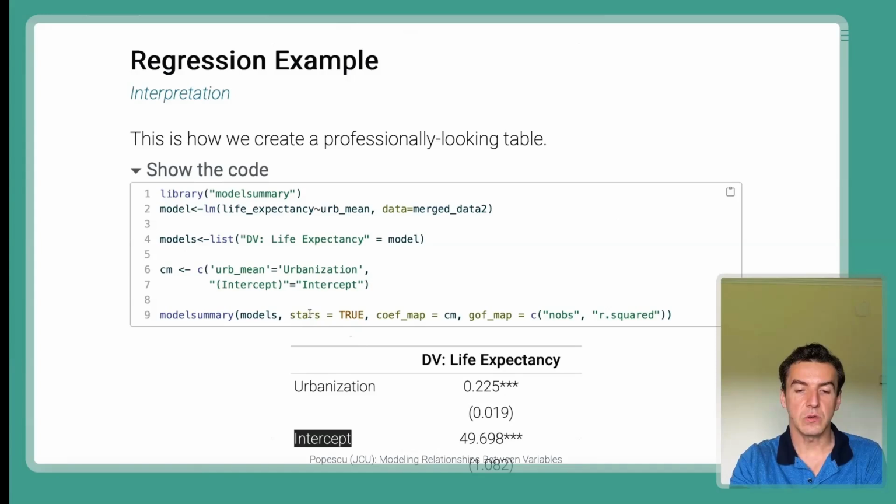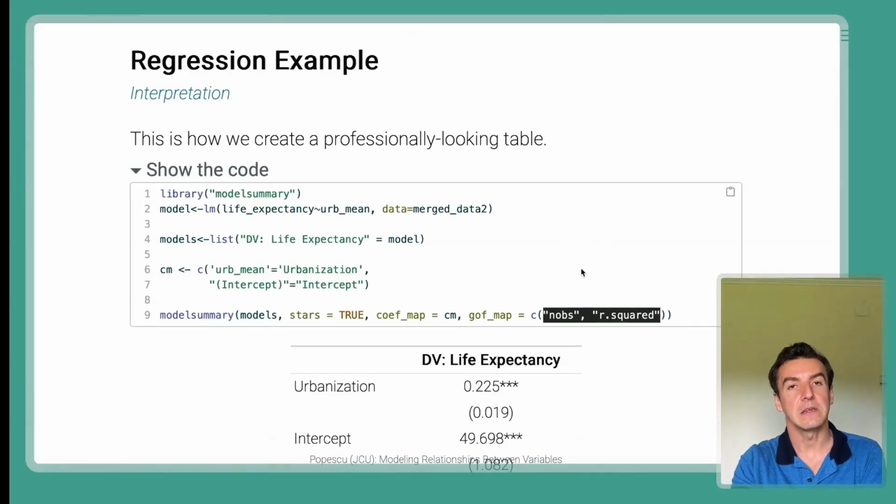And then these additional things here allow us, for example, to plot stars. And I'm going to explain in a few slides what these actually mean and why they're necessary. And then I'm also explaining what type of additional statistics I would like to have displayed in this table. So those would be NOS, the number of observations, and R squared.